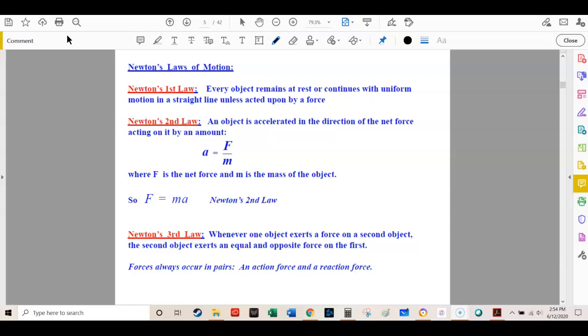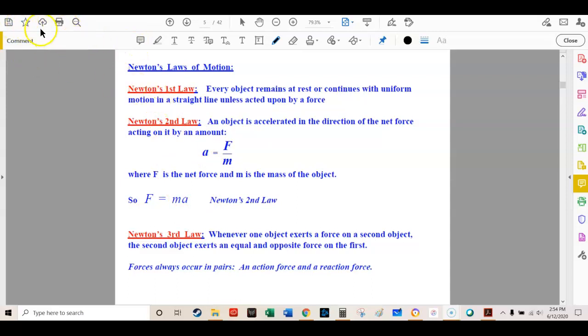I maintain that the reason we have a hard time with these laws is not that they're hard. They're actually really illogical when you think about it for a little bit.